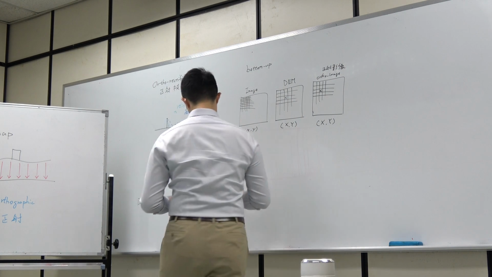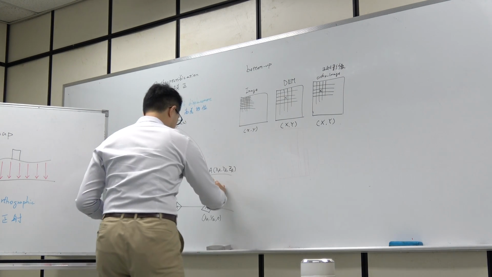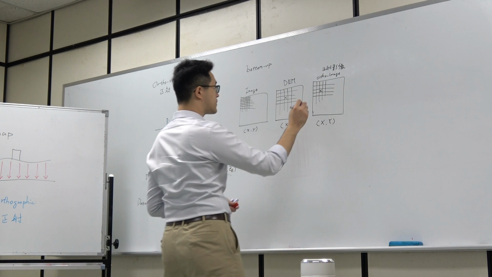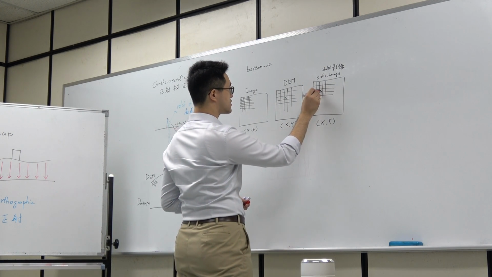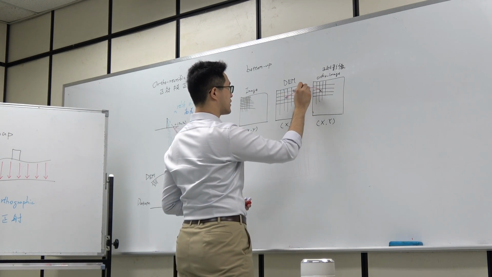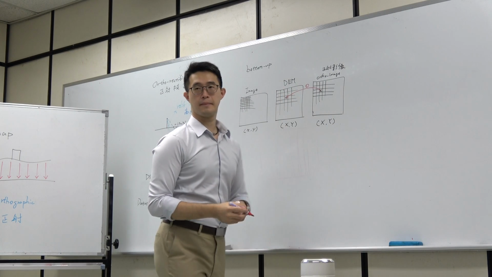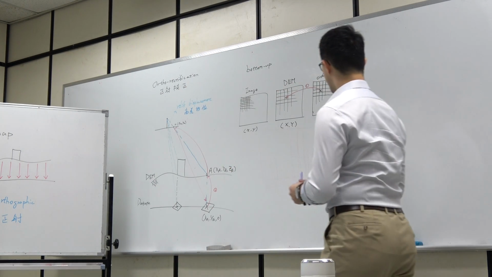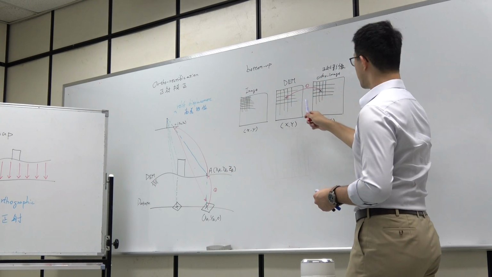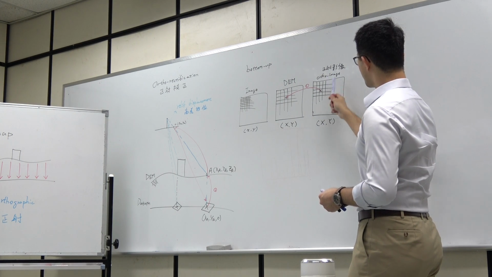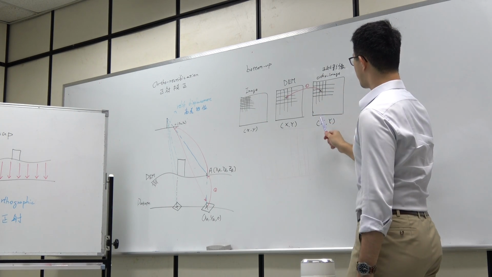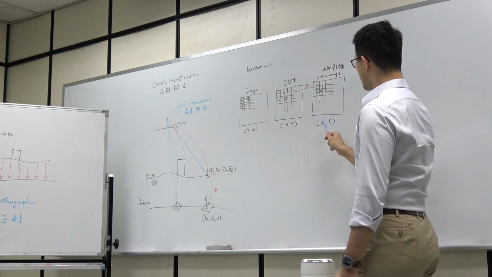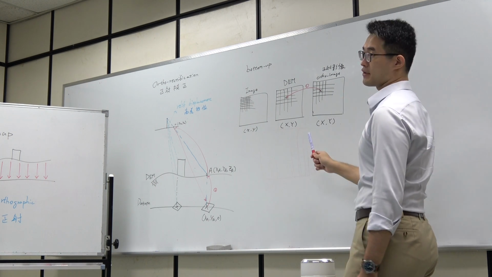So if I call this the first step, which indicates that this is the first step. Starting from the ortho image, the blank image, you have the x and y coordinates known, but you don't know the elevation.